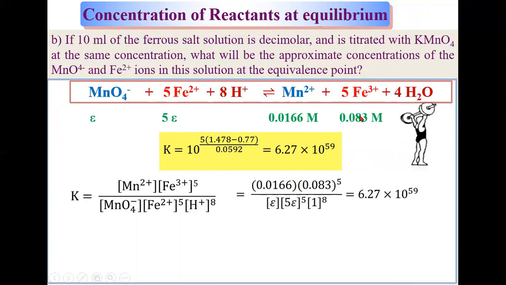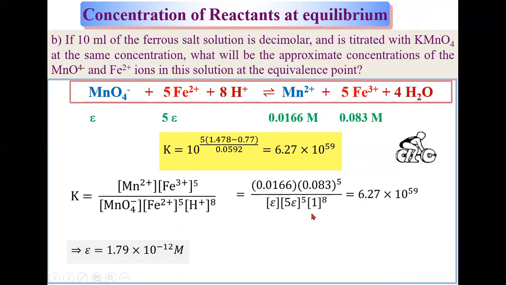So Fe3+ to the power 5 divided by, here we have the MnO4-, that's epsilon. The Fe2+ is 5 epsilon, but you also have to put it to the power 5. And they gave us that the pH of the system is actually 0, so the H+ is 1. Notice I could actually modify this to any pH value.